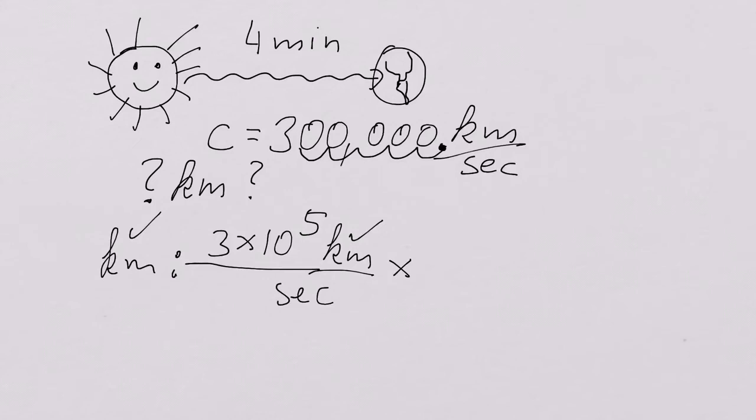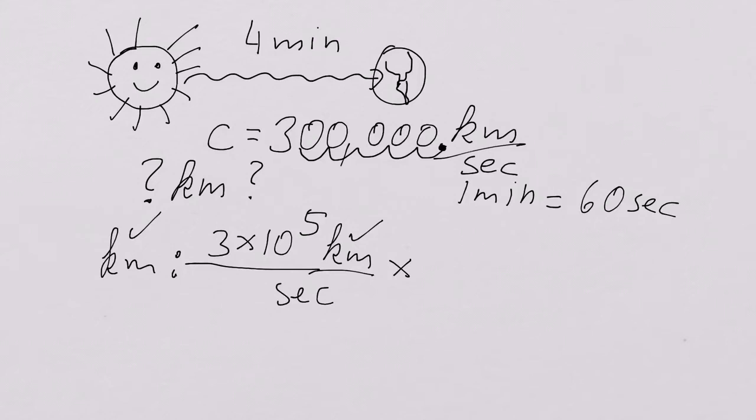Ah, okay. How do I do that? Wait. What do I know? 1 minute equals 60 seconds. Yeah? You're absolutely right. But I wanted sort of the additional step in it.